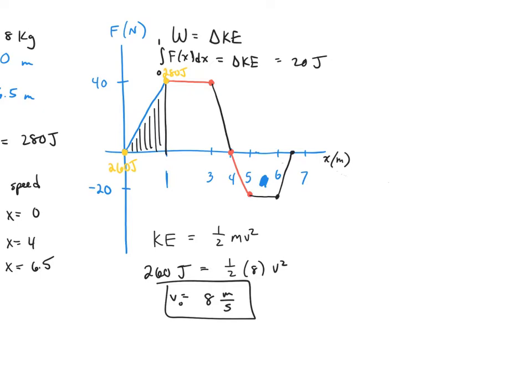You would have all this positive work speeding it up, and then, if the force is under the axis, what kind of work is it doing? It's opposing motion, so what kind of work? Negative work. So area above the axis is positive integral, positive work. Area below is negative integral, negative work.